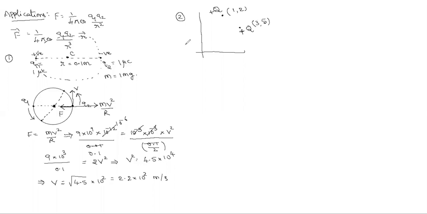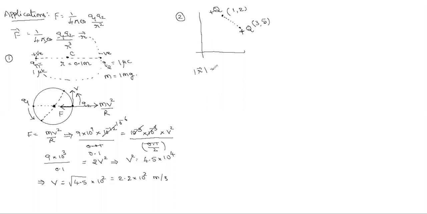The distance is 2 root 2? You should not directly say the magnitude. Magnitude means mod r bar, as given in the question.